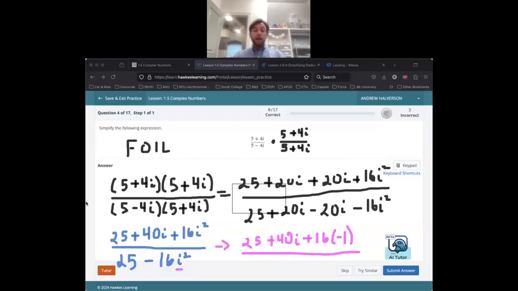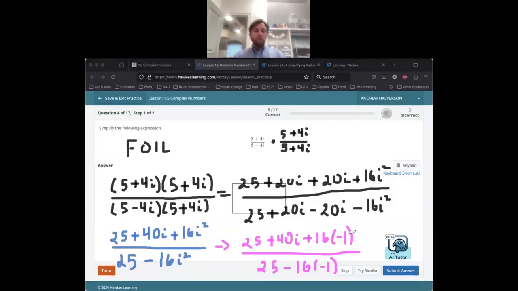And then same thing down at the bottom. Change that i squared. So it becomes 25 minus 16 times -1. So now what?